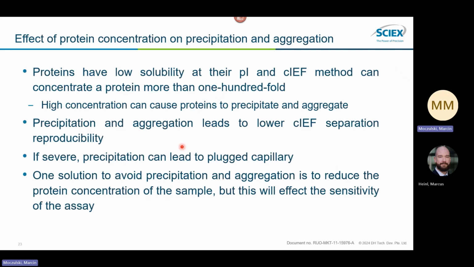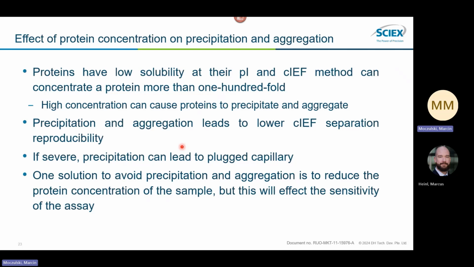Protein concentration affects eventual precipitation and aggregation, meaning most proteins have relatively low solubility at relatively high concentration close to the isoelectric point. Because of that, it might generate some challenges with separation.